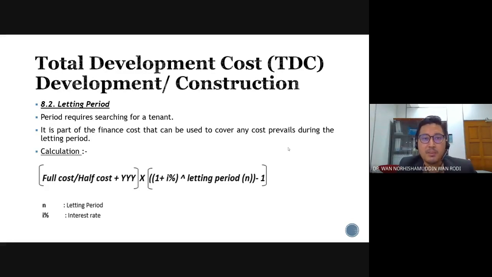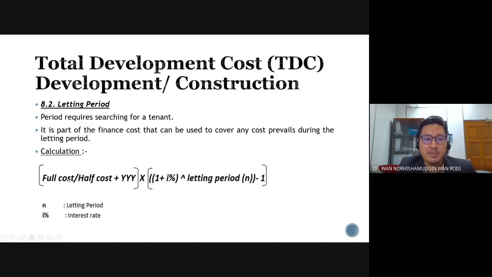At that point of time, you can go to the bank and ask them for the letting period finance. So the calculation of the letting period finance, okay, full cost or half cost, depends on your construction costs, either STB, sell then build, or BTS, build then sell.